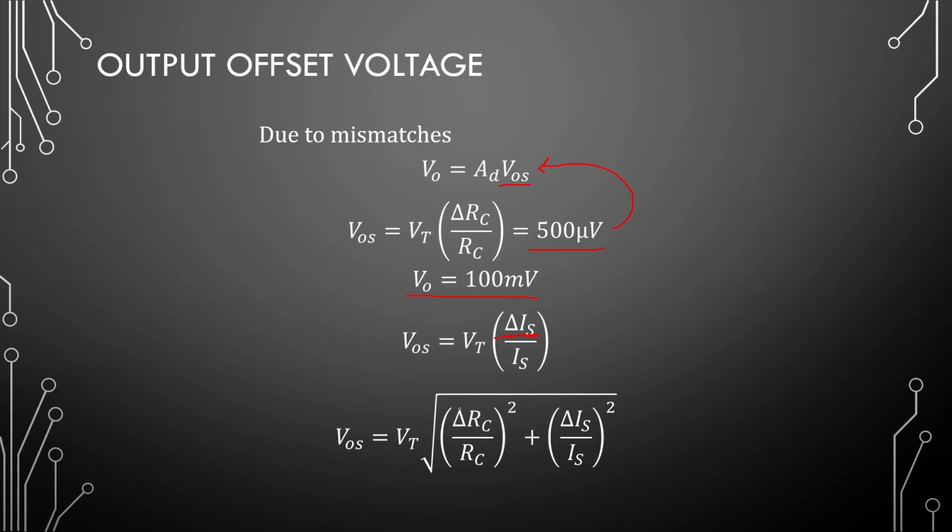So whether it be the differences in resistors for your differential amplifier, or the areas of your BJTs, there will be an offset voltage at the output, and that gets amplified by your differential gain. So you should always cater for offset voltages when doing your feedback circuits or your external circuitry to one of these amplifiers.